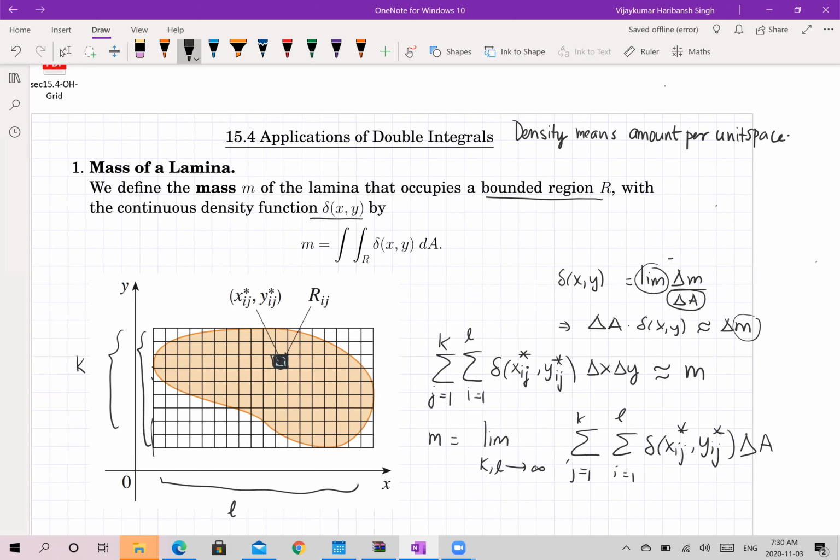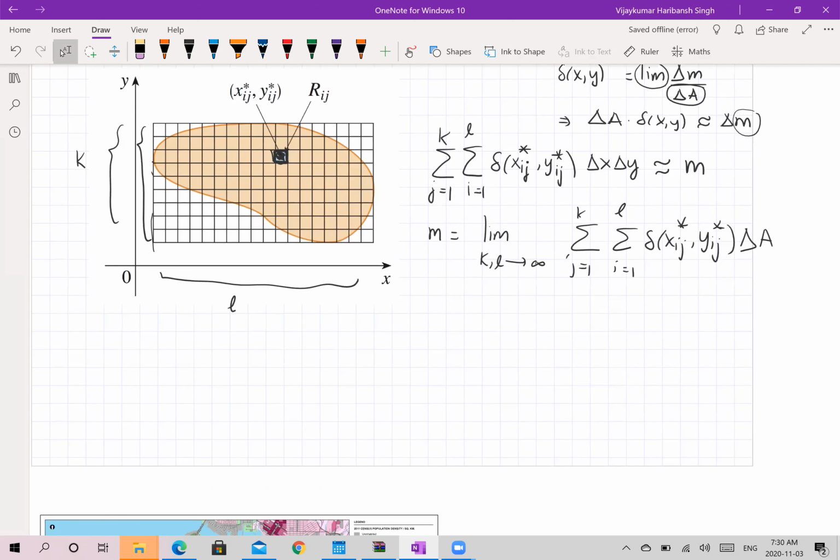So this gives us basically the definition.